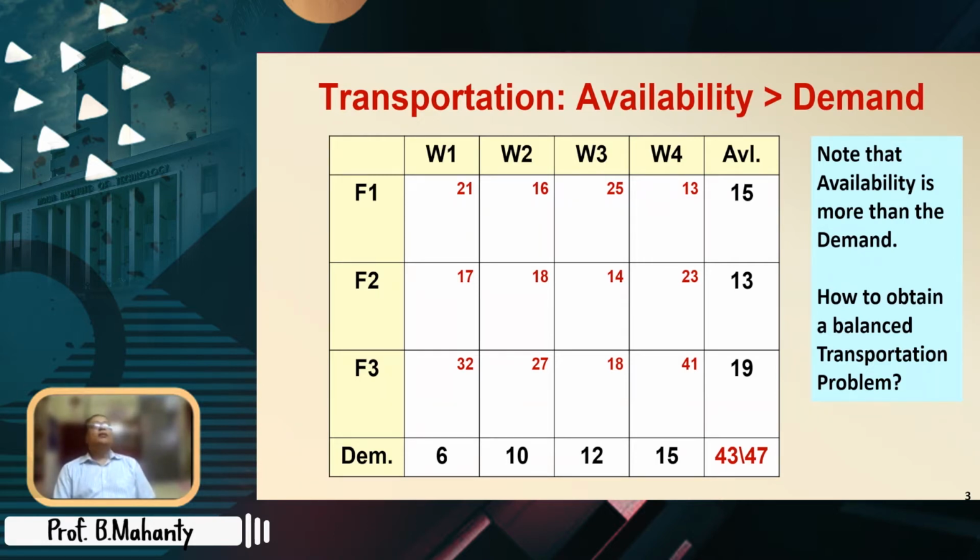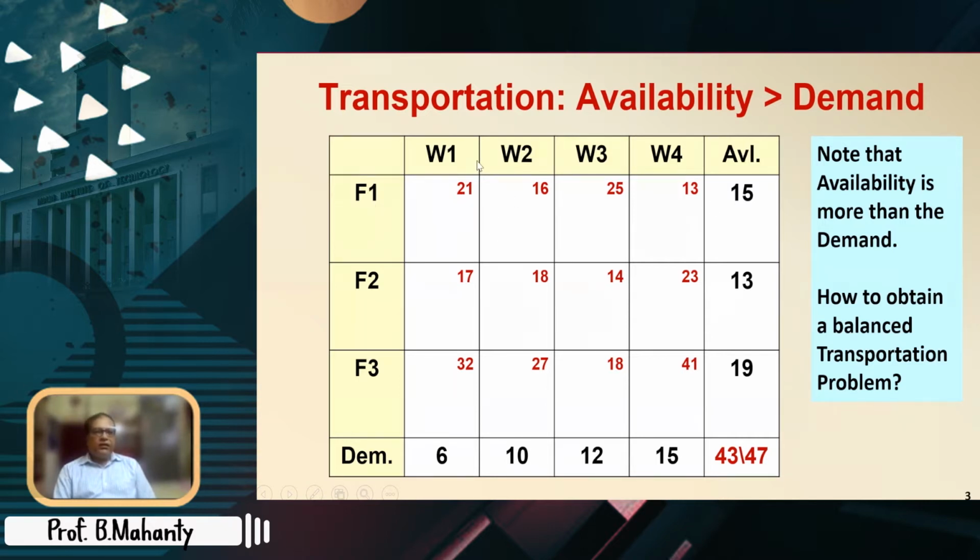So the first thing that we shall be taking up is the transportation problem where the availability is greater than the demand. In this particular problem, there are three factories and four warehouses. The factories are sending materials to the warehouses, and the unit transportation costs are given in red.